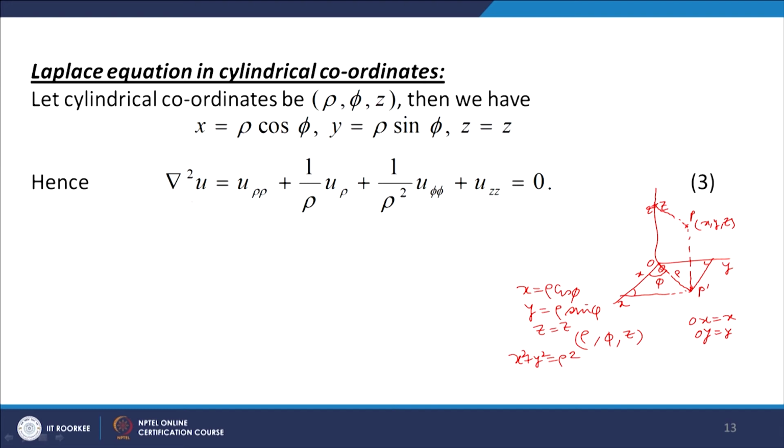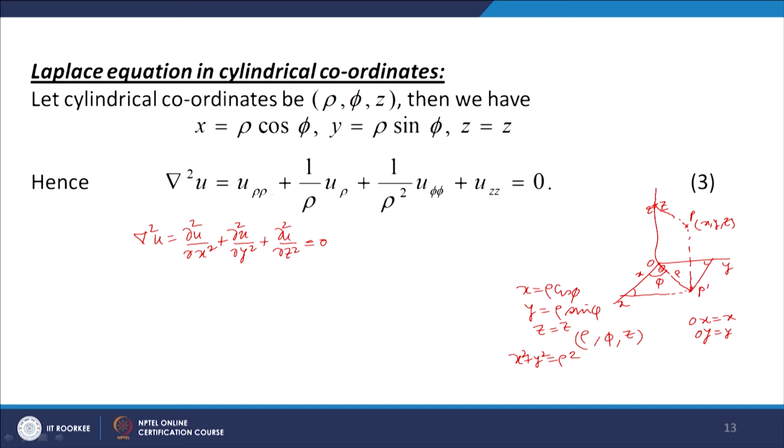Now we have del squared u in Cartesian coordinates, del squared u equal to 0, and we have seen that when we change from Cartesian coordinates x, y to the polar coordinates r, theta, u_xx plus u_yy becomes u_rr plus 1 by r u_r plus 1 by r squared u_theta theta.